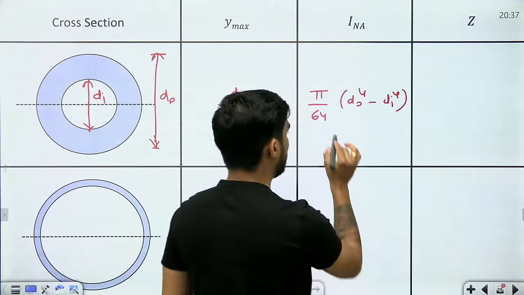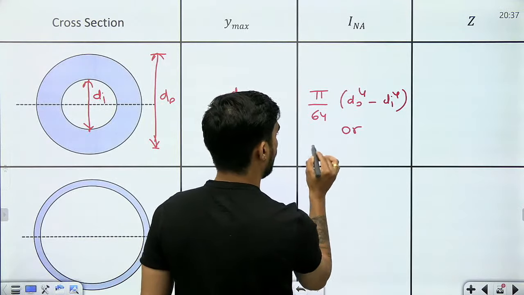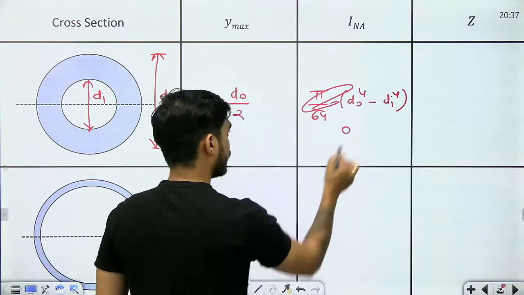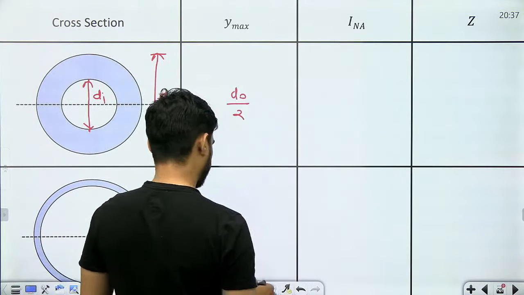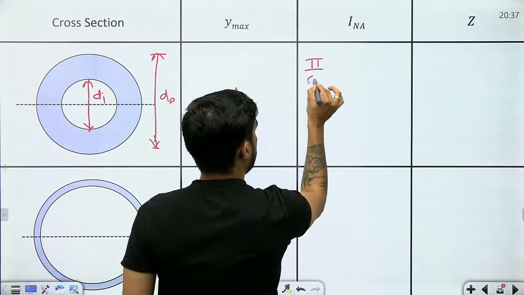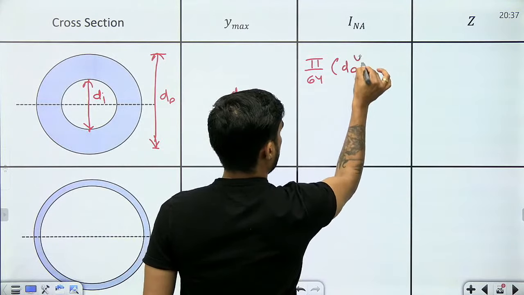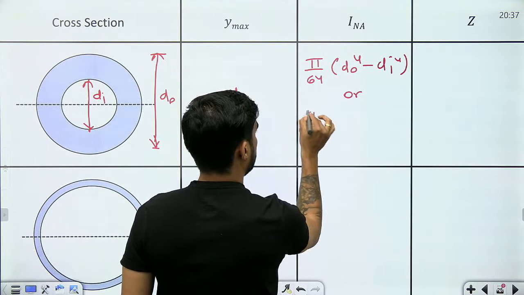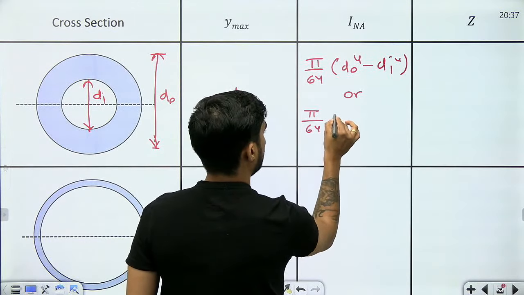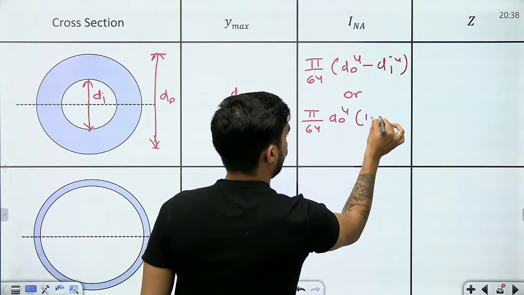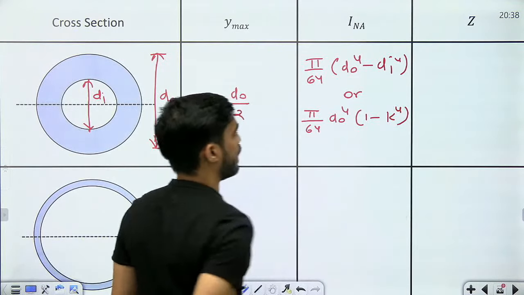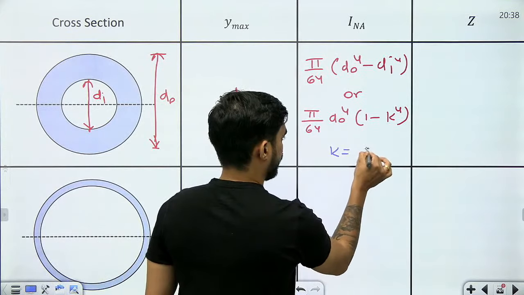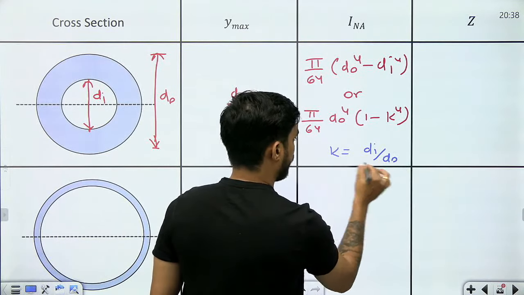Now look here beta, I can write this like this and also like this. Pi by 64 d outer to the power 4 minus d inner to the power 4, I can also write as pi by 64 d outer to the power 4 times 1 minus k to the power 4, where k is d inner by d outer.